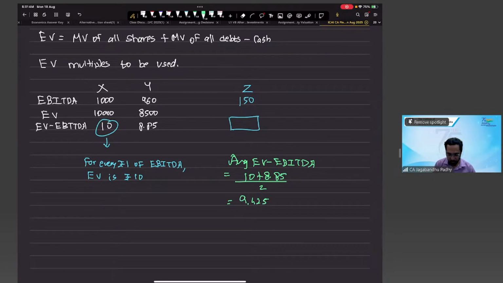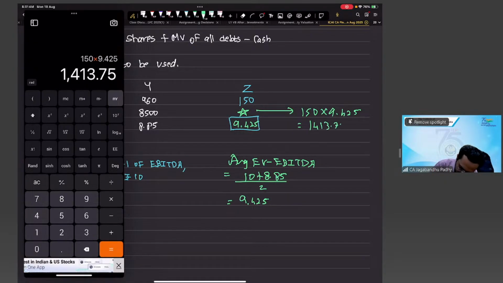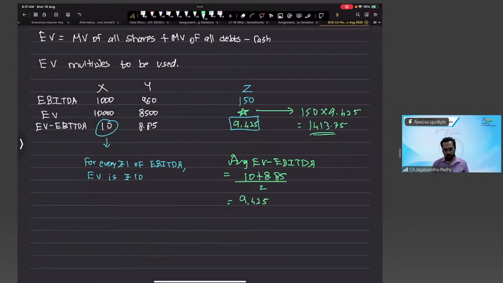We can apply this 9.425. So the enterprise value of this company is 150 into 9.425, which is 1413.75.